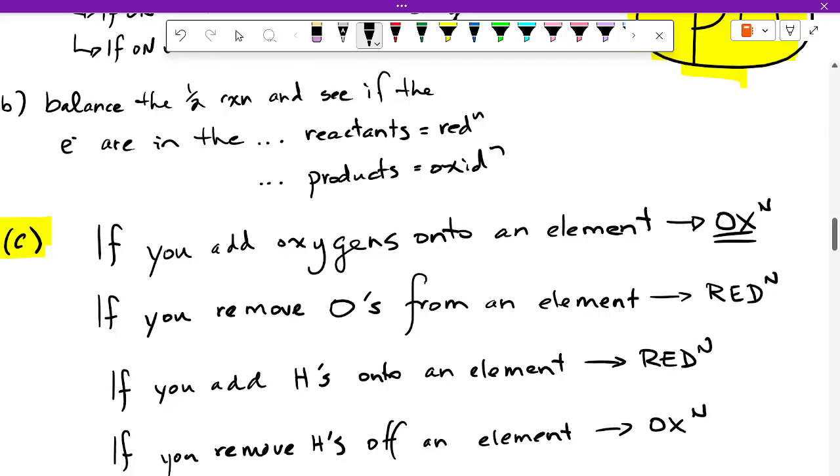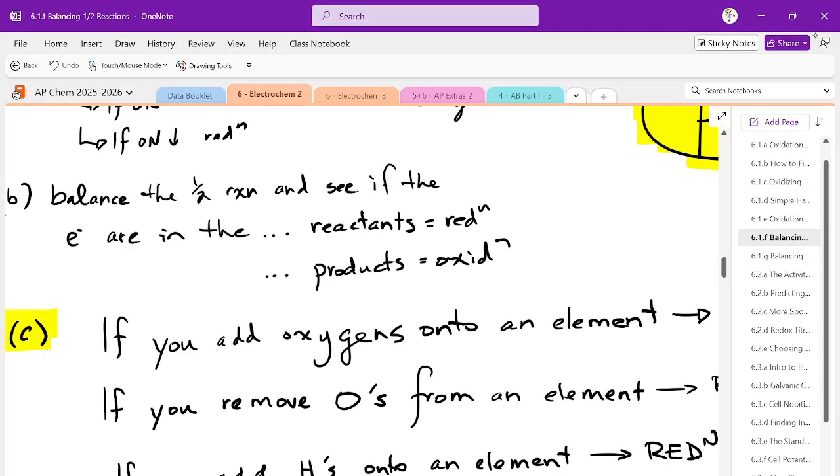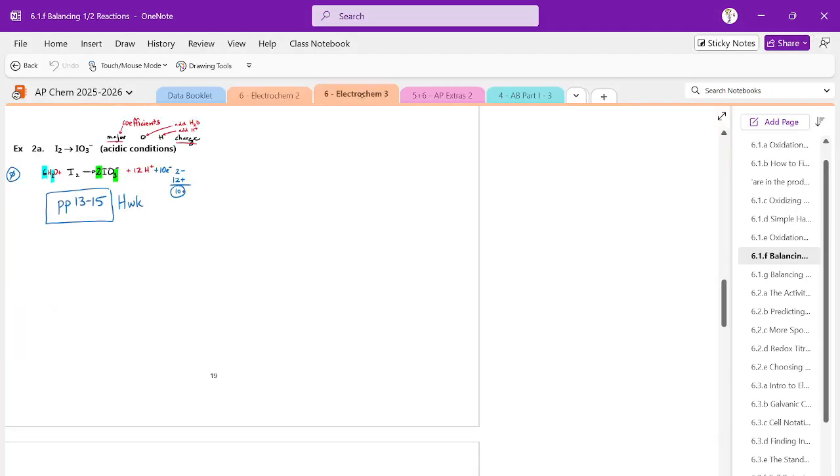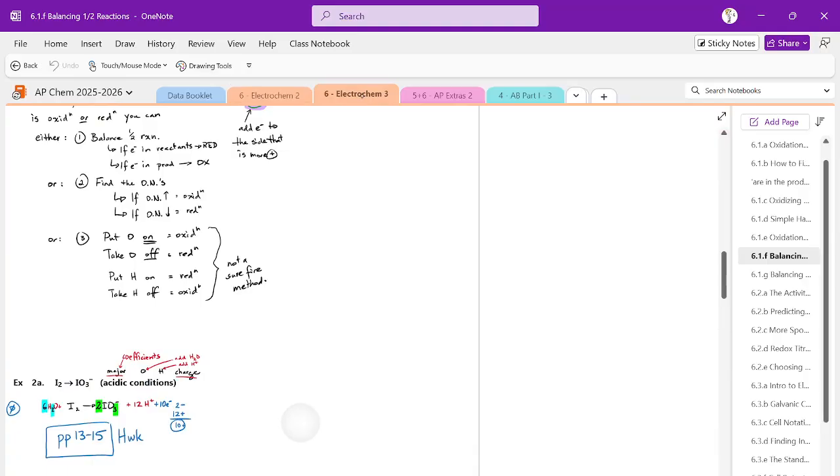Now, these 4 are not foolproof, okay? Because it also depends on what's happening to the charge of the overall species. That's going to affect it as well. But this is something you can use just as a quick reference point. But it's not 100%. What did I say in the other class? I said it was not a surefire method.